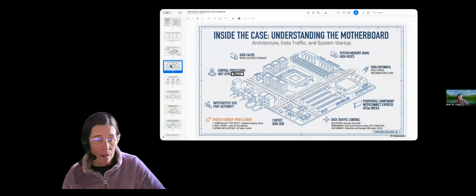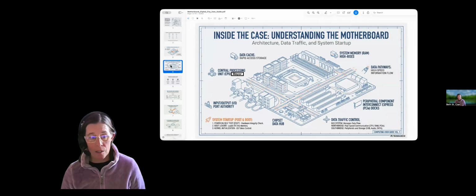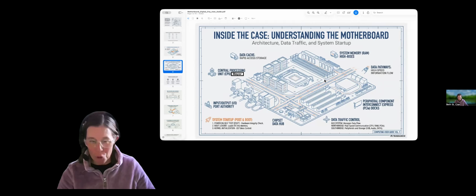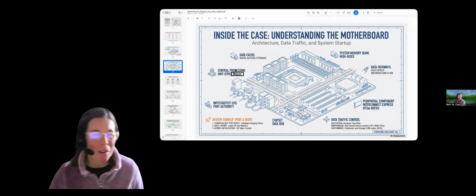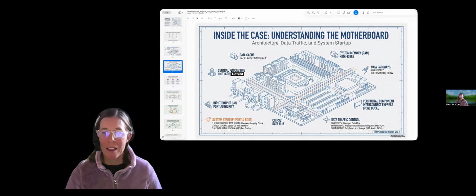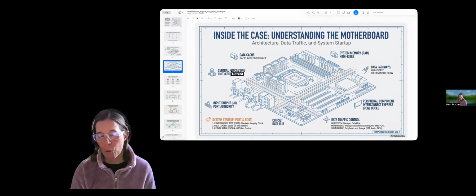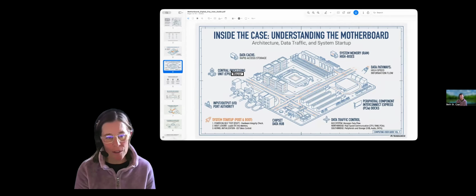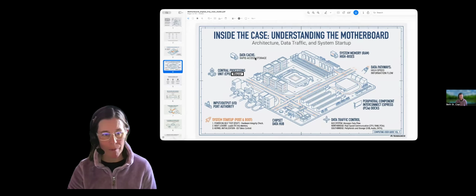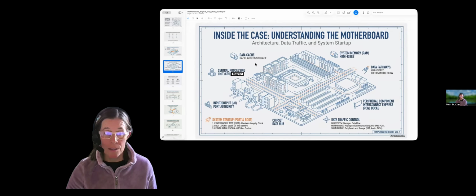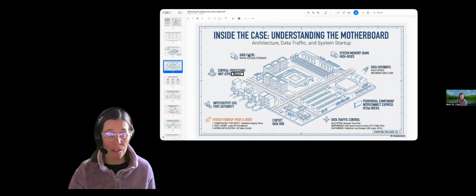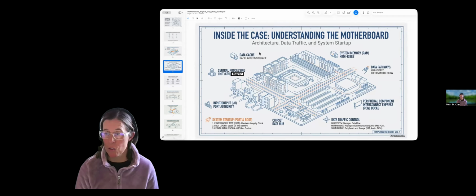A couple of items that you'll see on the motherboard, and this is obviously not a true picture of a motherboard, but let's start here with the CPU. Let's consider that the mayor could be the brain, could be the CEO, but let's consider it the mayor for the digital city. On the CPU, you will oftentimes hear the reference to data cache or cache, spelled C-A-C-H-E. And this is rapid access storage.